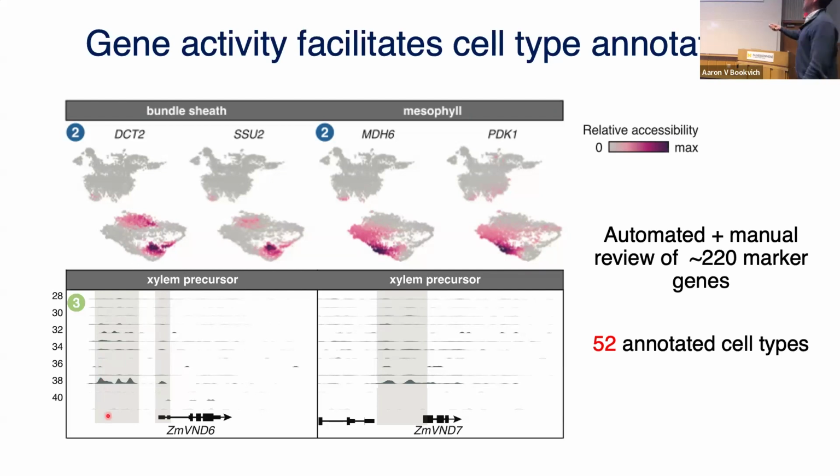In this way, you can see that only one of these clusters, cluster 38, shows any specificity in accessibility upstream of these two genes, which end up being specific to xylem. Using this approach plus some automated machine learning based annotation approaches, we got about 52 different types of cells in this data set.